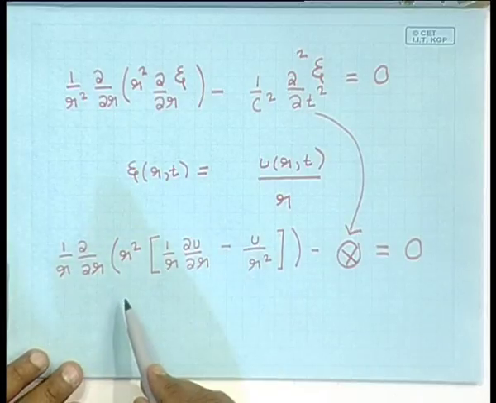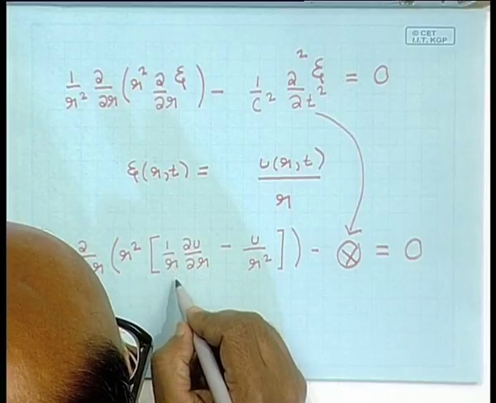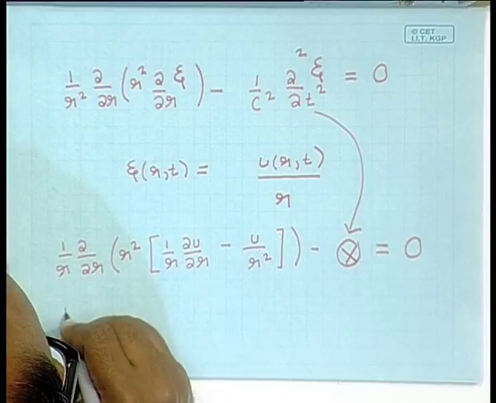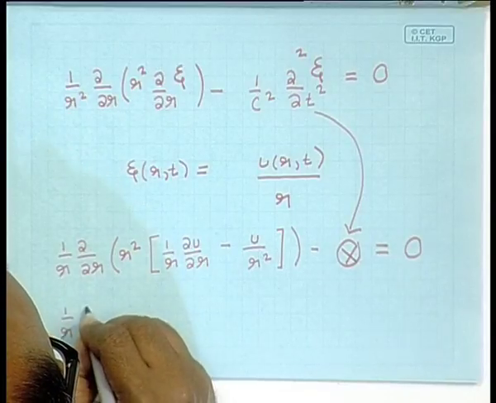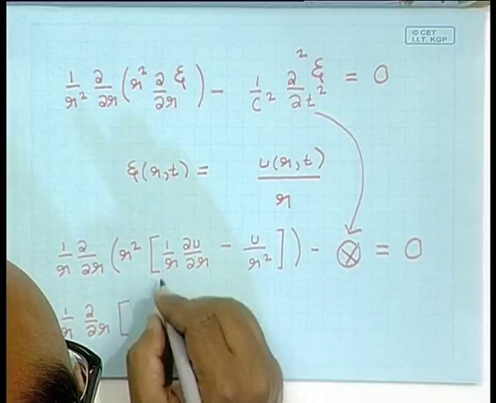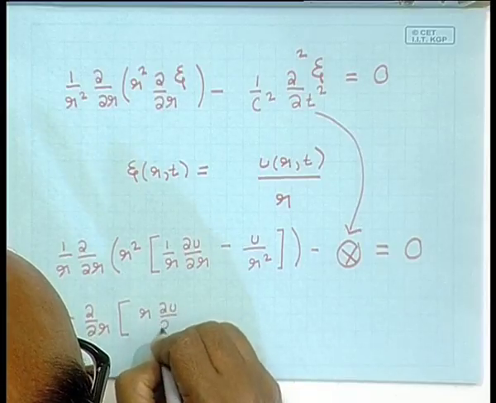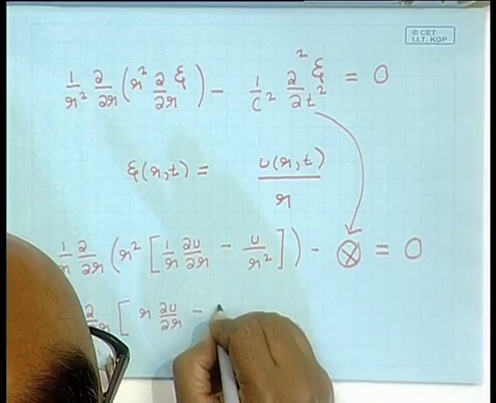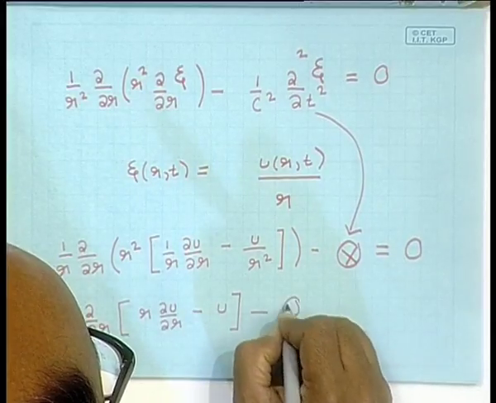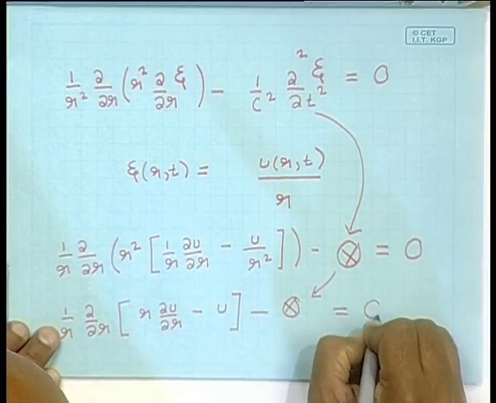Now you can simplify this term. So what will happen is that this factor of 1 by r, and I have r into del u del r minus u, that's what we have, minus again the time derivative, I am just carrying it unchanged, is equal to 0.